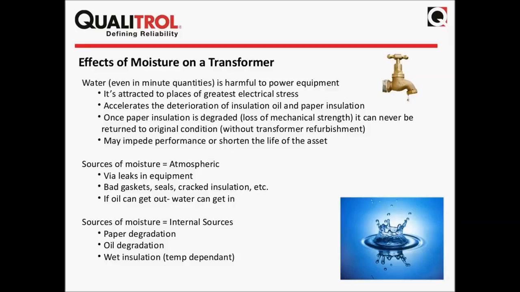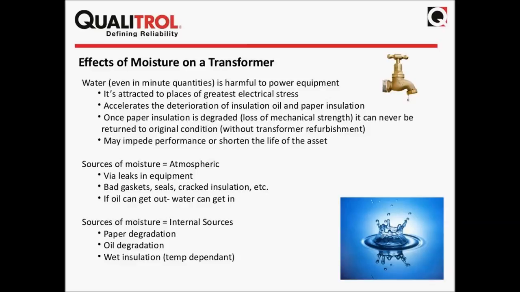There's multiple ways that you can get moisture inside of your transformer. The two main categories are atmospheric, and that's really what the breather is going to aim to solve, and we'll talk about that in a few minutes. Atmospheric moisture can come through many different ways, but the general ways that it can get inside of the transformer are through leaks in the equipment.